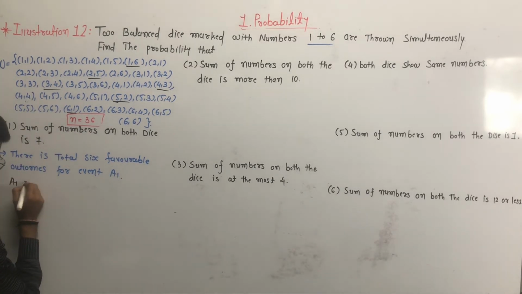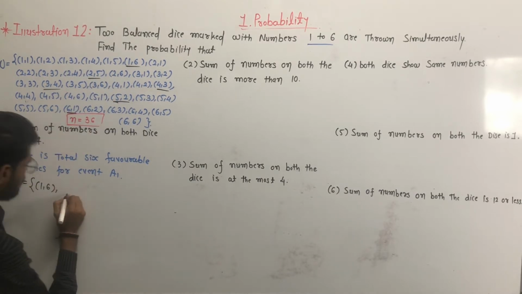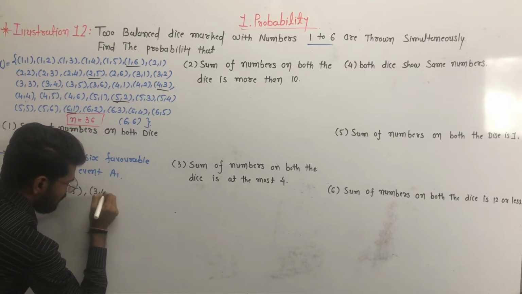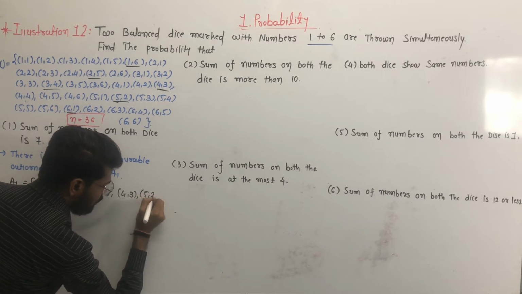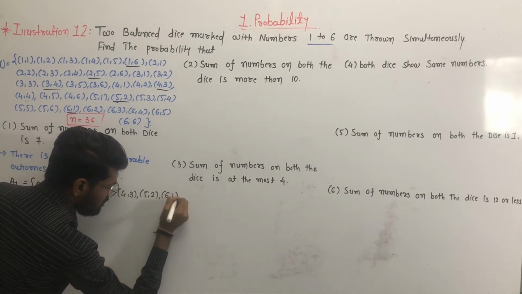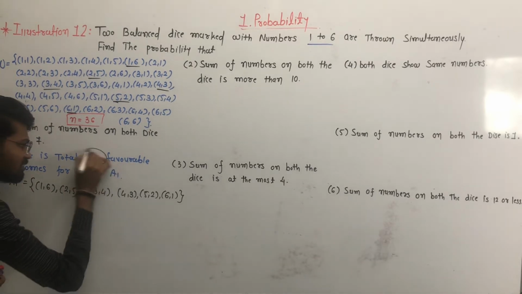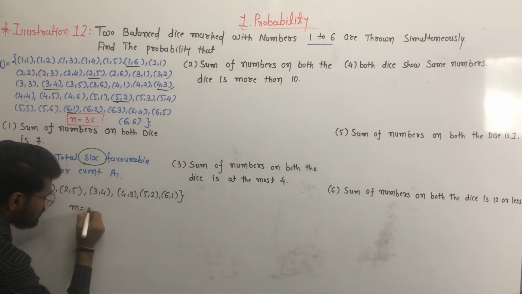A1 is equal to 1 6, then 2 5, sum is 7, then 3 4, then 4 3, then 5 2 and 6 1. So these are our favorable outcomes. And how many will it be? It will be 6. So m is equal to 6.